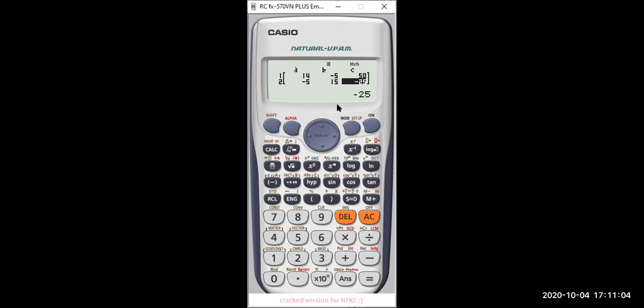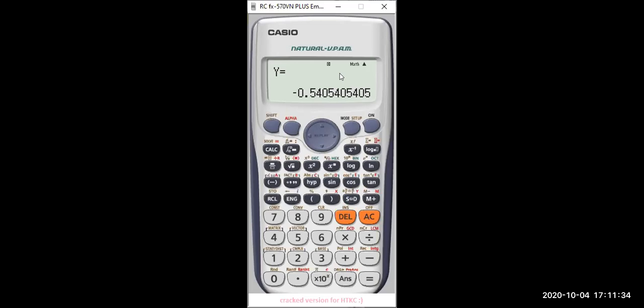So this is the equation. 14 minus 5, 50. Second equation minus 5, 15 and minus 25. Press enter, you will get the first value, that is 3.378. The next value, minus 20 by 37, is minus 0.541. I hope you understood how to use the calculator.